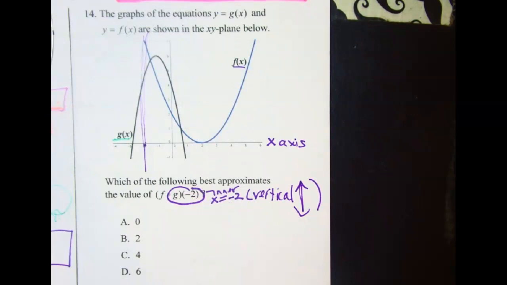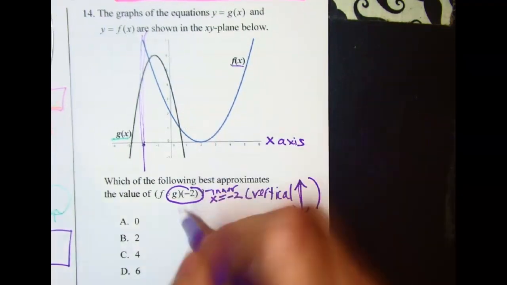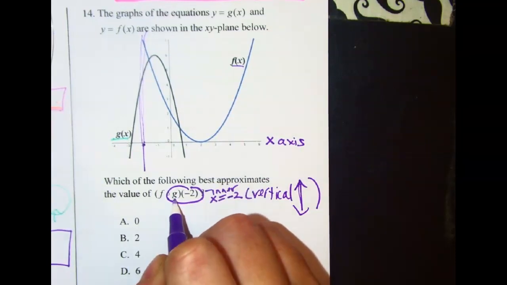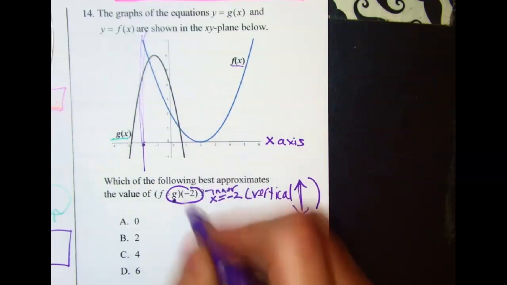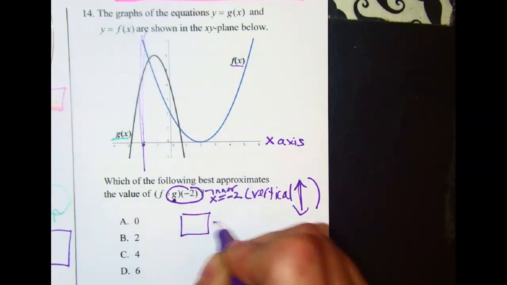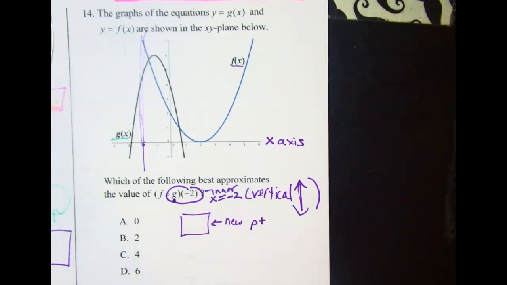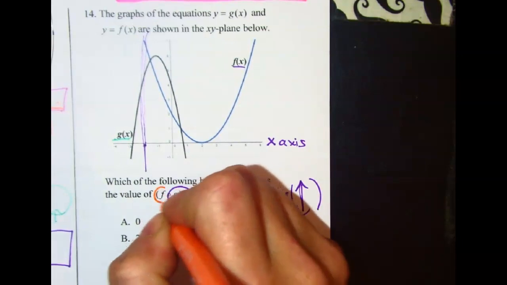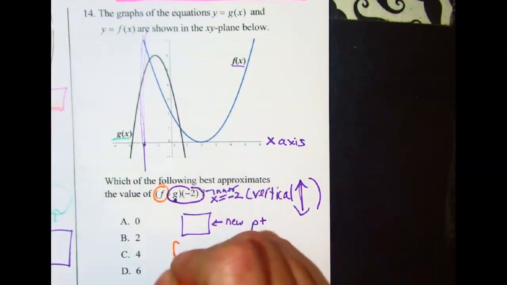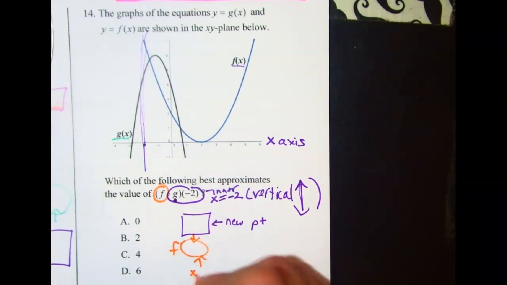And then you just have to be careful, and look at where it hits the G function. The G, again, is the black one, and you have to tell me the new point where it hits the G. So put that there. That's your new point. It's not your final answer. Then you take that new point and do the outer function. So you're going to use F, and your new point is your x value.